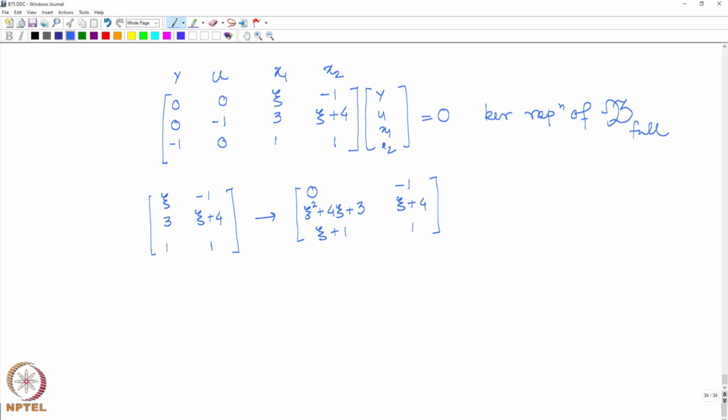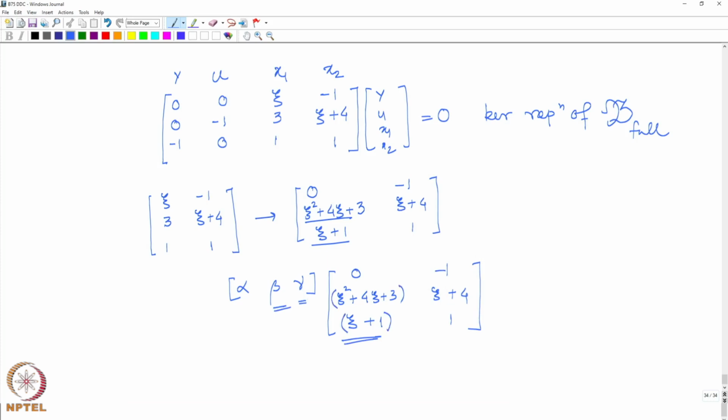So, to get that, first I look at this equation. Once again I need alpha, beta and gamma, which when multiplied to this must produce 0 for both these columns. That's the deal. How to get that? I can use the first column to get beta and gamma. Now, notice xi plus 1 actually is a common factor between this and this.